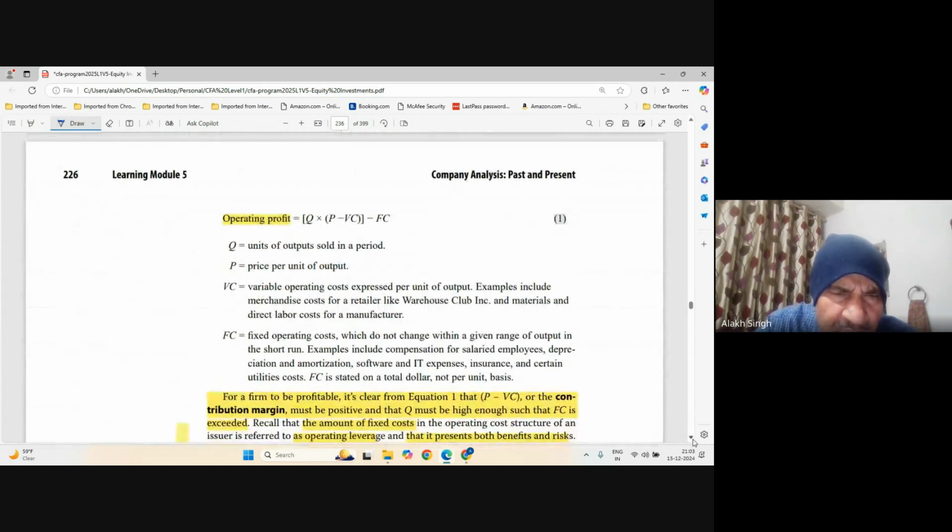Fixed and variable cost, operating profit as per this. So Q, quantity times price minus variable cost. This is variable cost and minus fixed cost. That is operating profit as per variable cost and fixed cost. This you have been studying in economics for years.